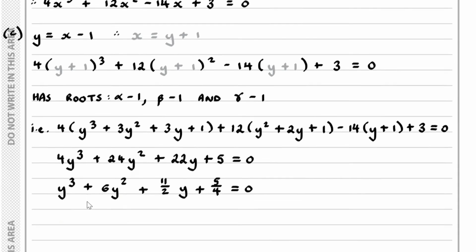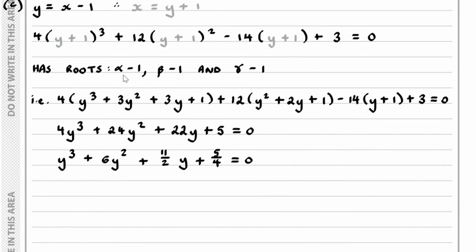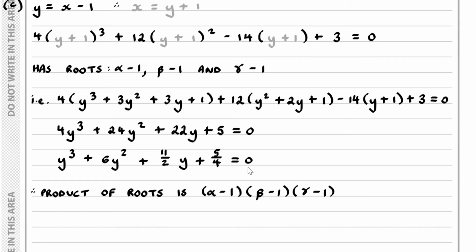And so, if we want to find the product of the roots, which will be alpha minus 1 times beta minus 1 times gamma minus 1, that will equal negative 5 over 4.